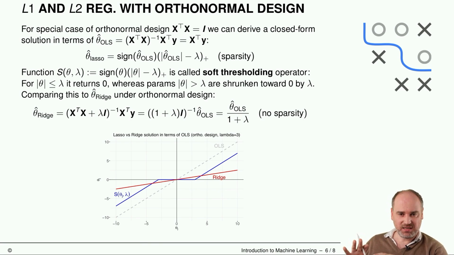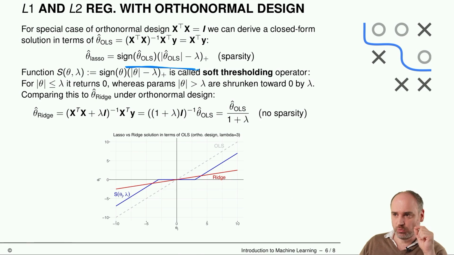So we'll see how Ridge and Lasso transform the unregularized solution. For the Lasso, this thing happens here: we use on the OLS solution what is called the soft thresholding operator.